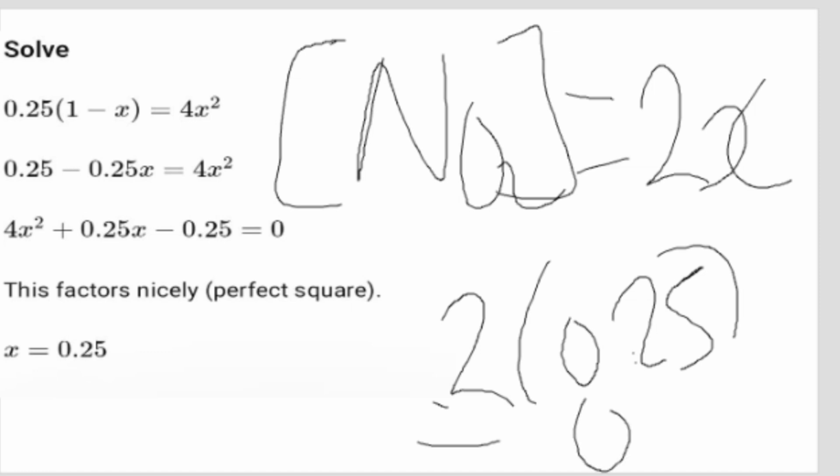So at the end, these are your values for the final concentrations at equilibrium for N2O4 and NO2. So that's how we find the final concentrations when given the initial concentration and the Kc.